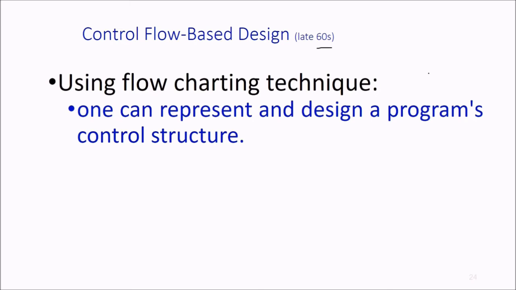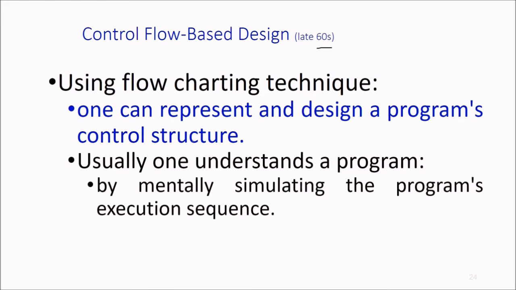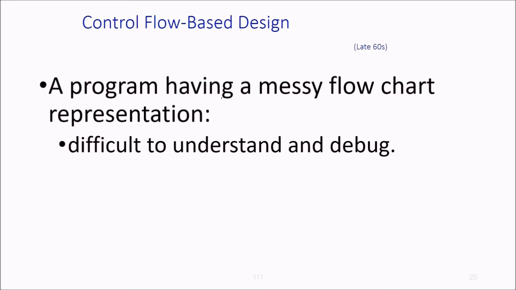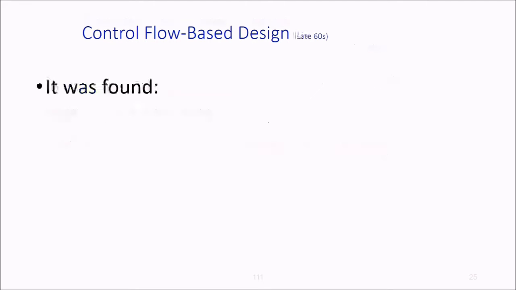They have a proper formation, some structure, and one understands a program just by mentally simulating the program's execution sequence step by step. A program having a messy, not well organized flow chart representation is consequently difficult to understand and debug.